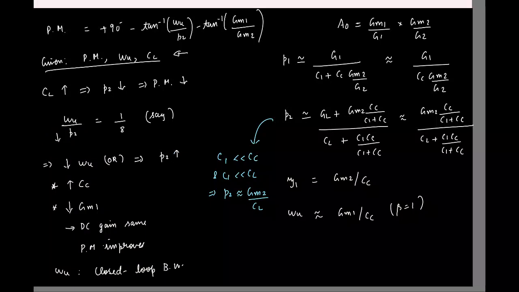And how can I increase P2? This is P2. Okay. The only way is to increase GM2. That's all. So I'll go ahead and increase GM2. And we saw, the way to increase GM2 is to increase both current and the width. Only this will ensure that all the operating point voltages will remain the same. Okay.